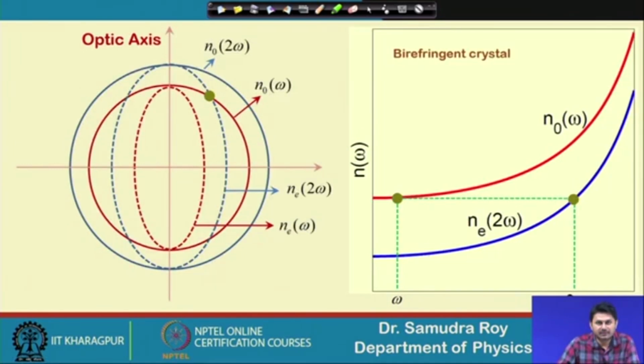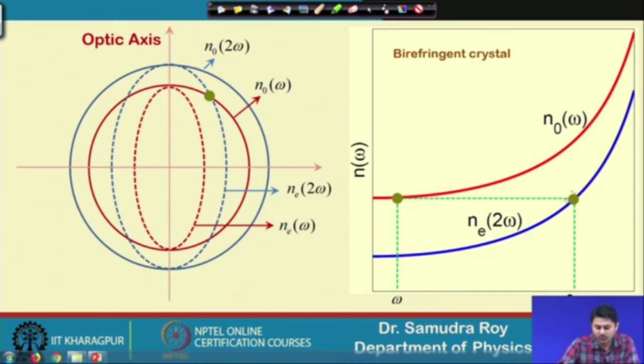This is a very important picture of a birefringent crystal, where we plot n of omega and n of 2 omega for the ordinary and extraordinary wave. This is n of omega for the ordinary wave, and this one, the blue one, is n_e, the refractive index of the extraordinary wave, launched for 2 omega.